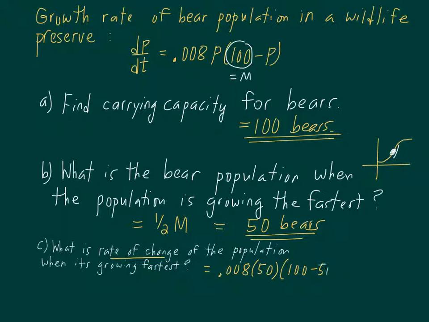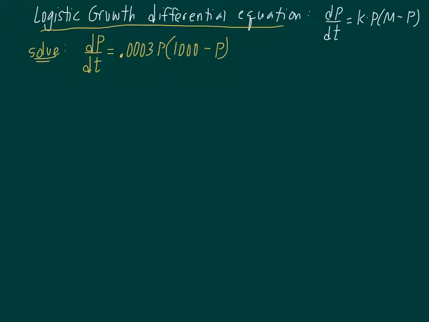So we drop that in, we go straight to the calculator, and we're going to get 20. Remember it's a rate of change, so we're not going to say 20 bears, we're talking about 20 bears per year. Let's suppose we're talking about years for our unit of time. So the rate of change would be 20 bears per year.